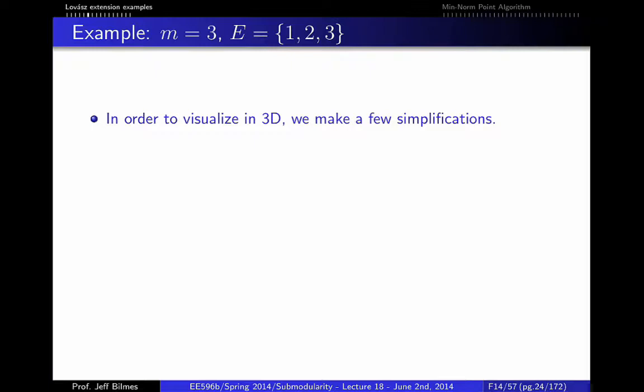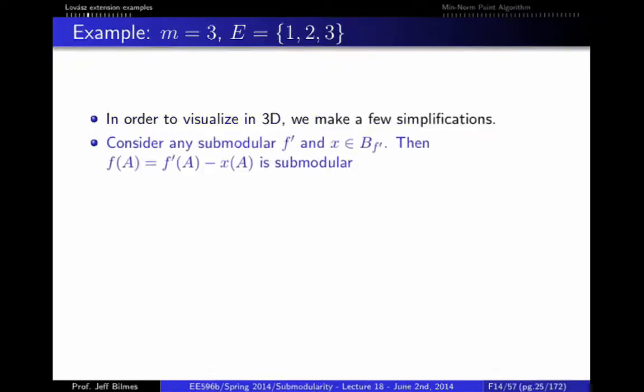But what we can do is make additional assumptions about the submodular function and look at certain projections of the Lovász extension that, based on the assumptions of the submodular function, don't change things. In particular, we're going to take any submodular function, f prime, and we're going to take a point x in its base. Then we're going to subtract off the point in its base from f prime, and we're going to get a submodular function f, right?